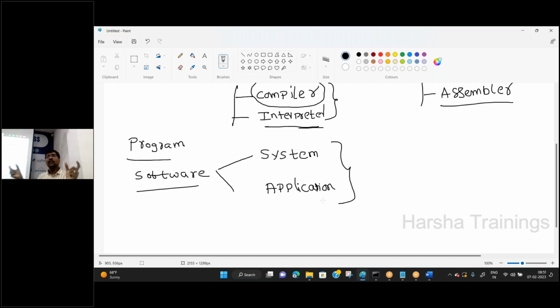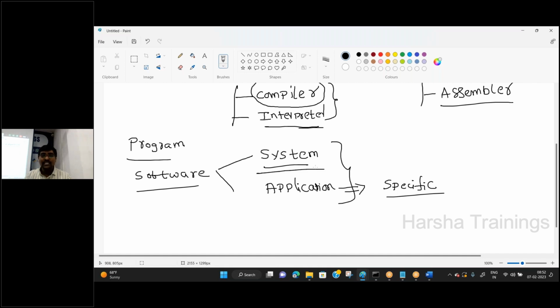Each and everything we are seeing is an application, right or not? So application software is simply software that is designed for a specific purpose. Generally, we use these programming languages for designing projects, that is, for designing this application software.